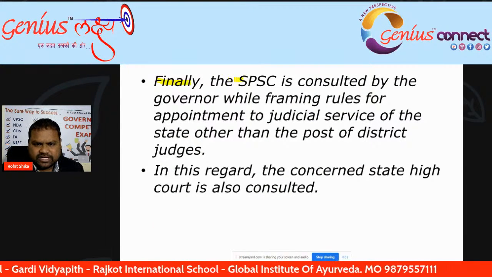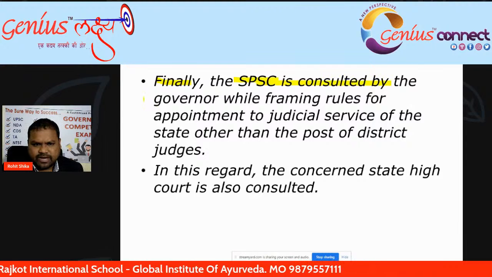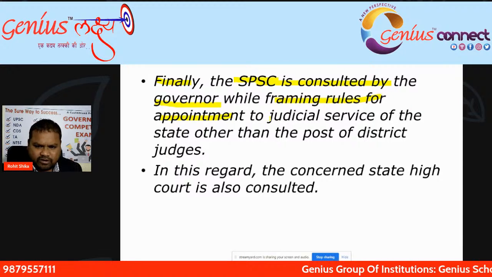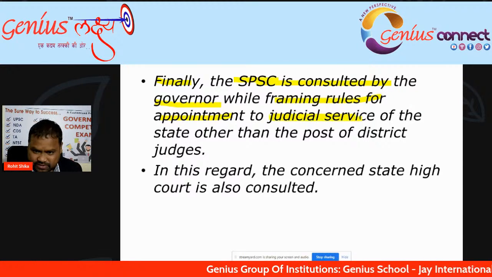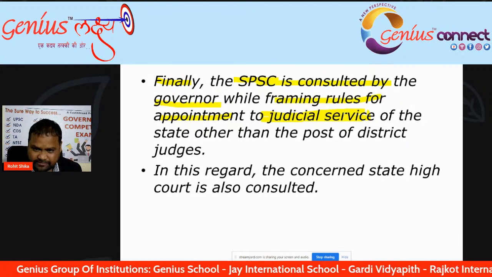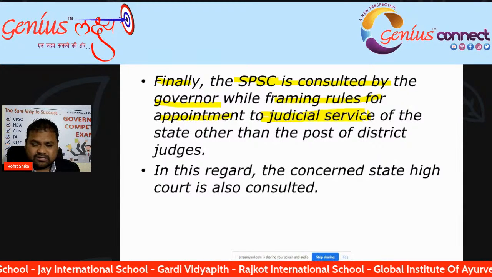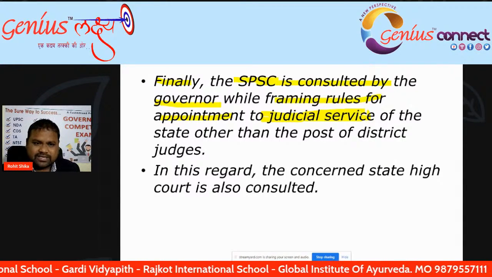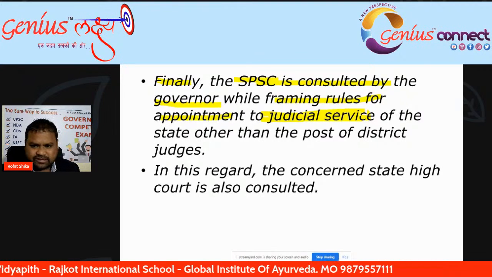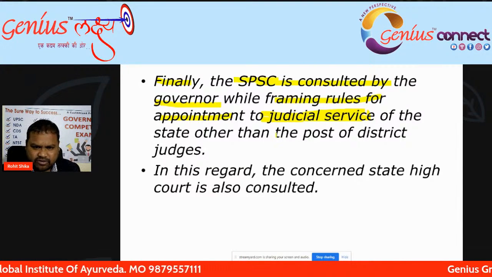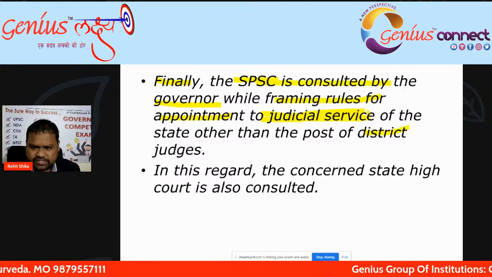Finally, the State Public Service Commission is consulted by the governor while framing rules for appointment for judicial services. So all the services relating to judiciary, at that time, the governor consults or takes the advice from the State Public Service Commission of the state other than the post of district judge.